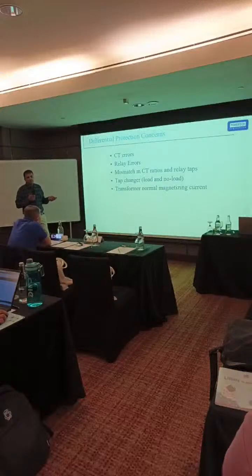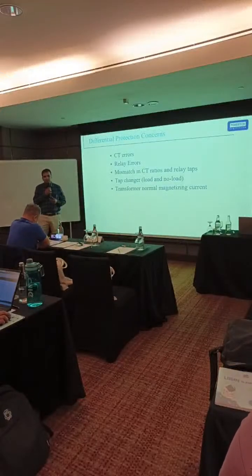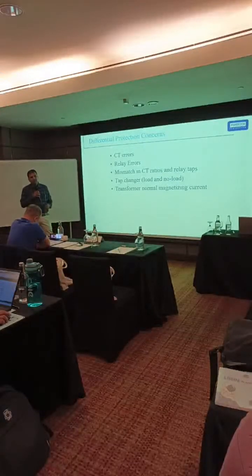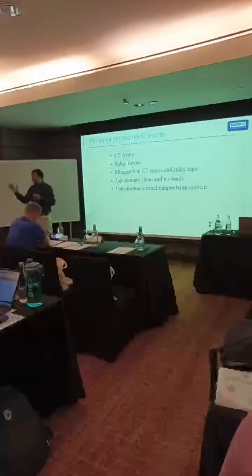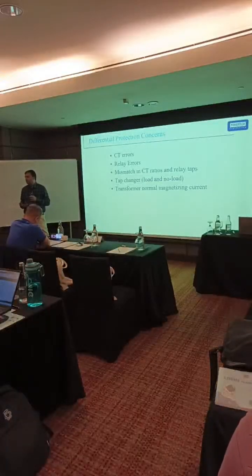So here we will start actually. Yesterday there was a question why these slopes are there. What will happen if we have only a differential setting, not a slope setting, then how will the relay react?